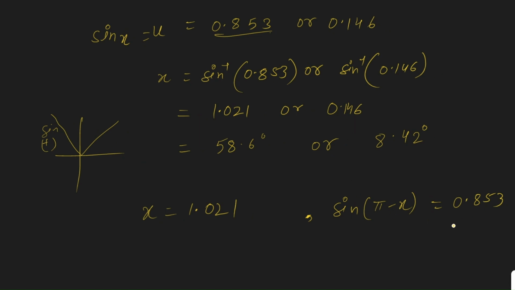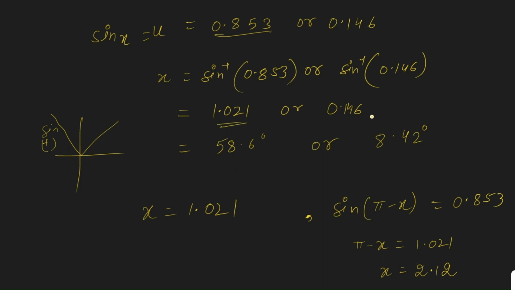Taking the sine inverse, we'll get again 1.021. So pi minus x will be equivalent to 1.021, and to solve for x we need to subtract this value from pi, which gives me 2.12. So this is the other corresponding value for this particular x.